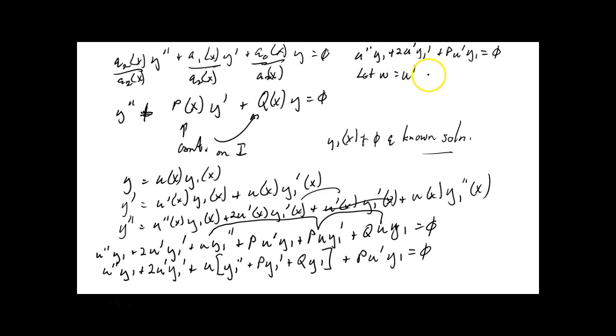Then w prime is equal to u double prime. So now our equation is w prime y1 plus 2 w y1 prime plus p w y1 is equal to 0.